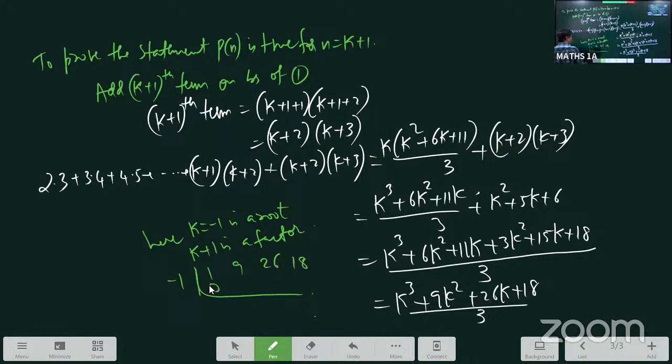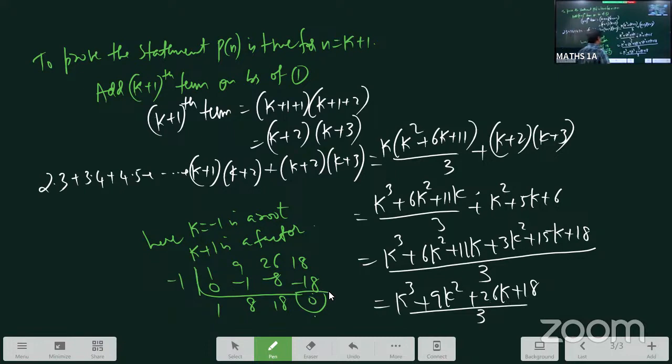Now this you put 0. I hope you know synthetic division. So 1 plus 0 is 1. -1 into 1 is -1. This is 8. -1 into 8 is -8. 26 minus 8 is 18. -18. See, at last what I got is 0.